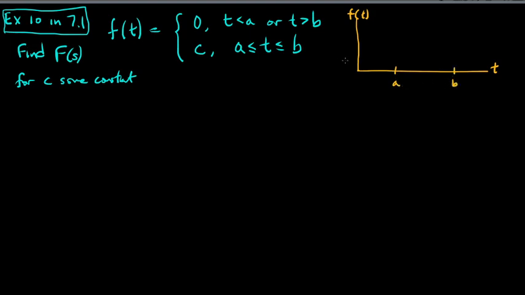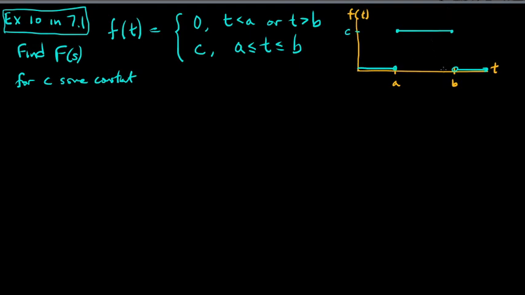The graph of this function is just going to be 0 up until you get to a. And then at a, it jumps to c, which is up here. So this is where y is c. And then it's just a constant, and then it jumps back down to 0 from that point on. So technically there's a hole here.